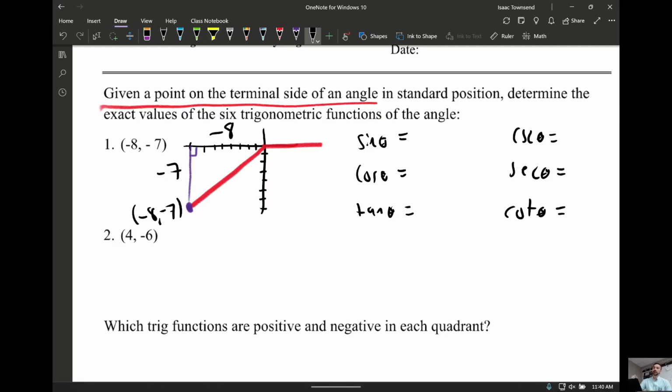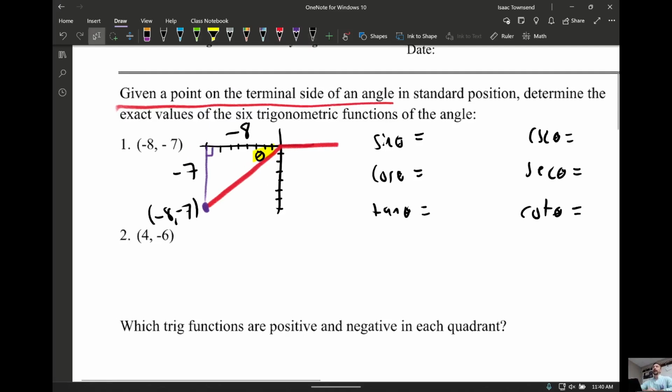The last thing that you have to know is that we are going to be assuming that we're looking at this angle from the origin here. So plot the point, draw the line to the x-axis so you have what's called a reference triangle. Use the point to get 2 of 3 sides. Everything after that is the same stuff.